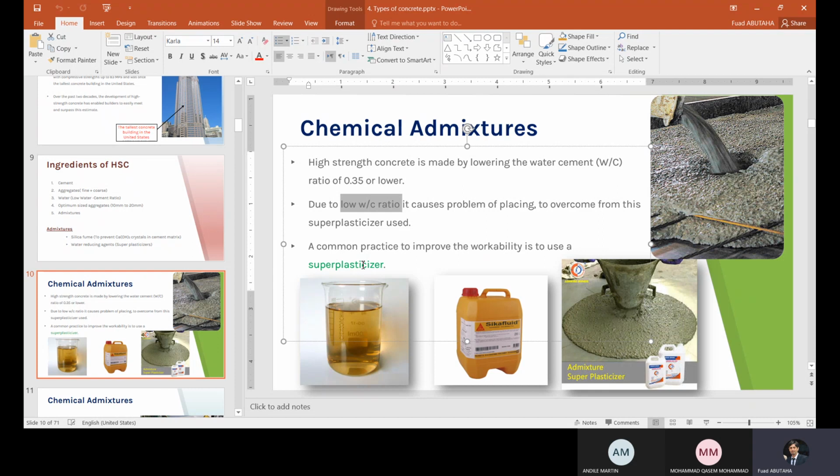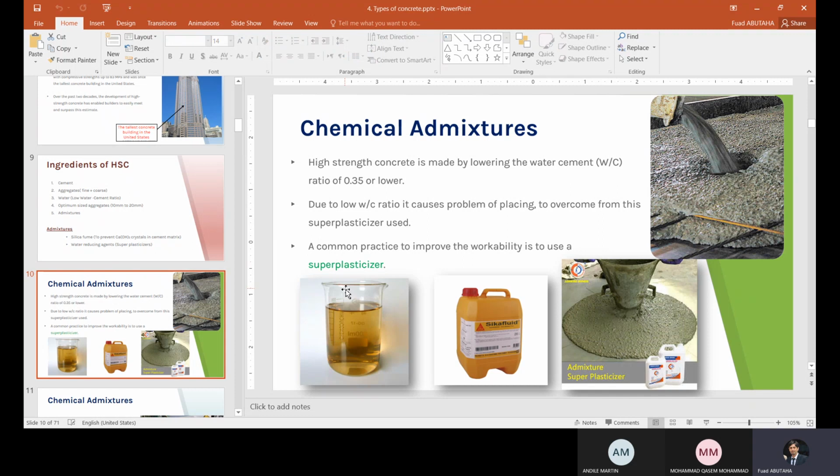So we need to maintain the same water to cement ratio, but we need to improve the workability. So how to improve the workability while maintaining the same water contents? By using super plasticizer. Super plasticizer improves the workability without changing the water contents.